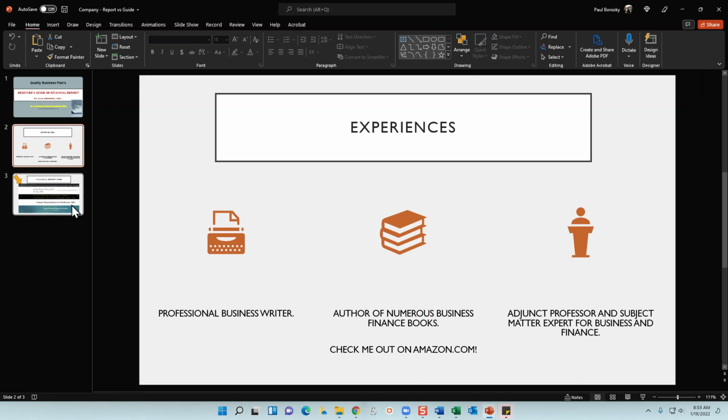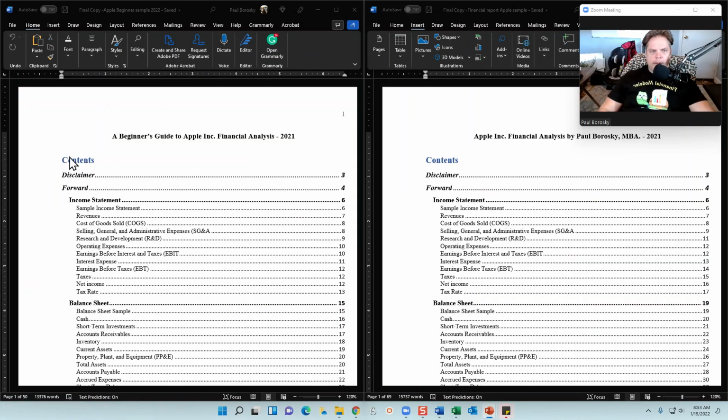All right, with that said, let me introduce you to my handy dandy little reports here. To the left is a beginner's guide to Apple Incorporated financial analysis, and to the right, I've got the Apple Incorporated financial analysis by myself. The differences between the two: you're going to have a lot of the same content, as the financial analysis is built upon the beginner's guide.